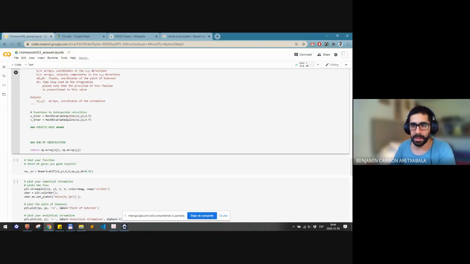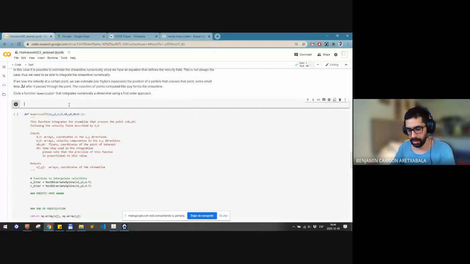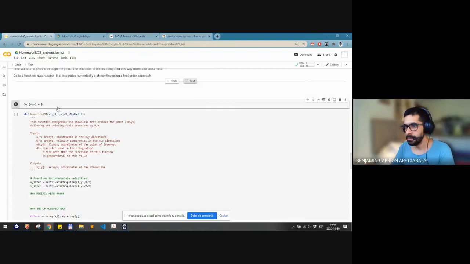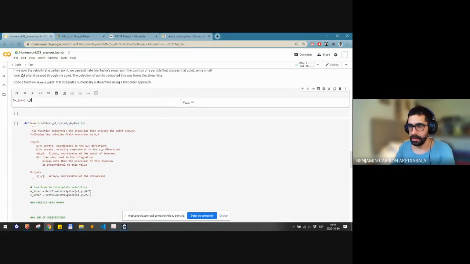Okay, so you're being given a hint. There are many ways to do this, but basically the main idea here, and I'm going to keep with the LaTeX, I'm sorry, is that the new position of your point is going to be your old position plus delta t times the velocity u.